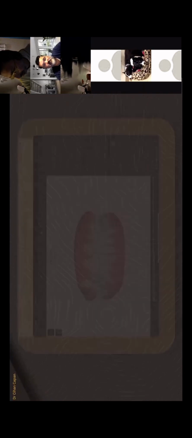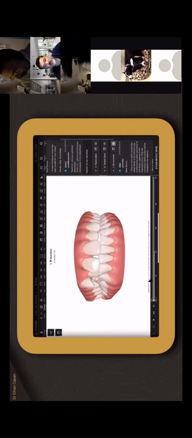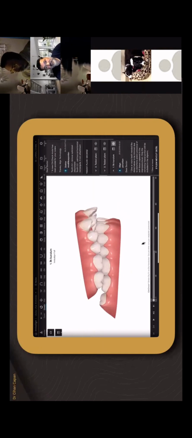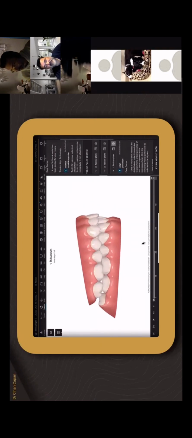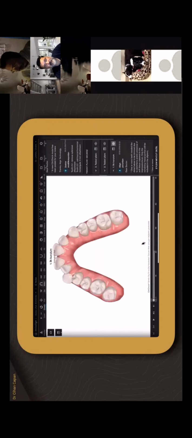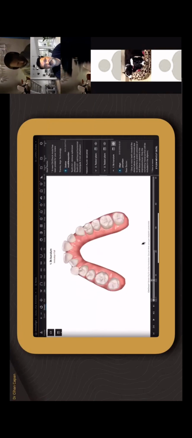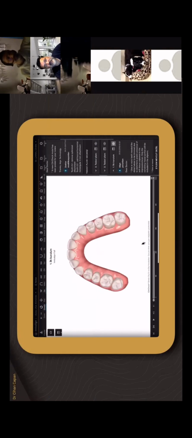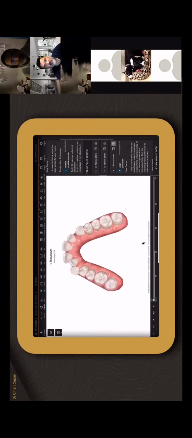So let's look at the ClinCheck. You can see we have 51 aligners for upper and 21 aligners, I think, for the lower. And I did in this same patient the distalization movement. And as you see, everything is perfectly matched with the distalization. Everything is fine, no problem with that. And look from occlusal, you can see with 51 aligners, we can treat the case with both distalization movements.